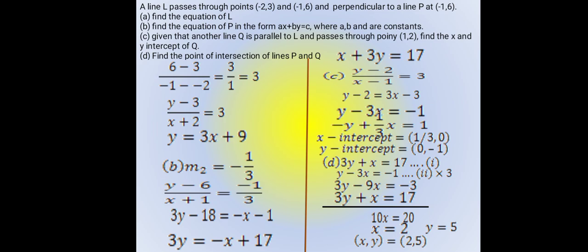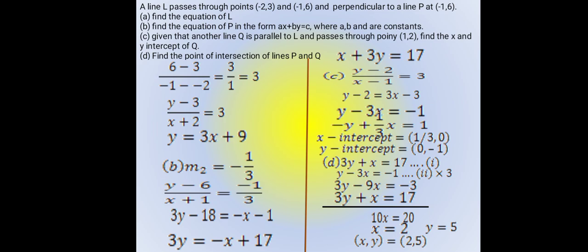If we write in that form, it means we have to divide both sides by -1 so that we have it equal to 1. If we do so, we have -y plus 1 over 3 x. Now it means that the y-intercept is -1, and the x-intercept is 3.